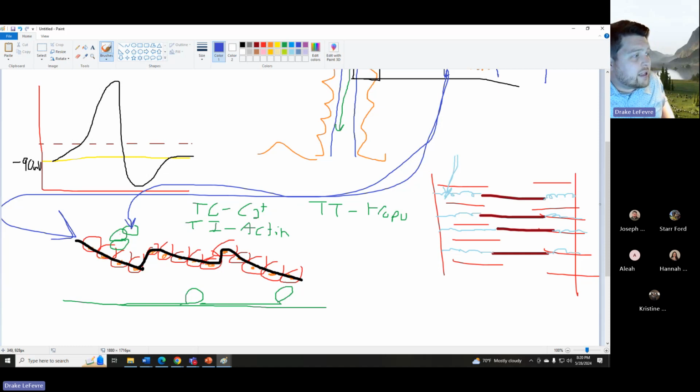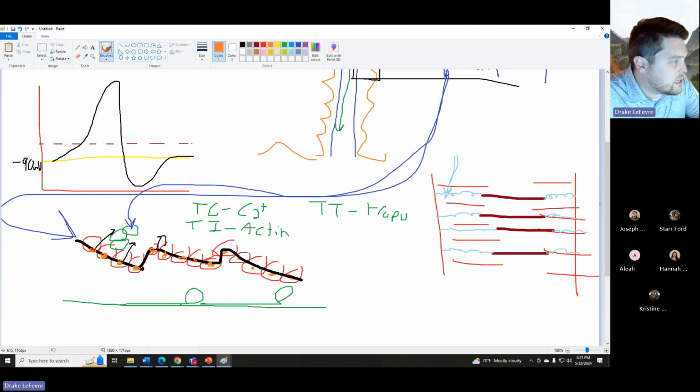Calcium binds onto that troponin C, and it causes a change in that whole molecule so that it changes shape and moves. And in the process of moving, it literally pulls and rips the tropomyosin off of those binding sites. So then all of a sudden, these binding sites are free and clear to allow for binding.